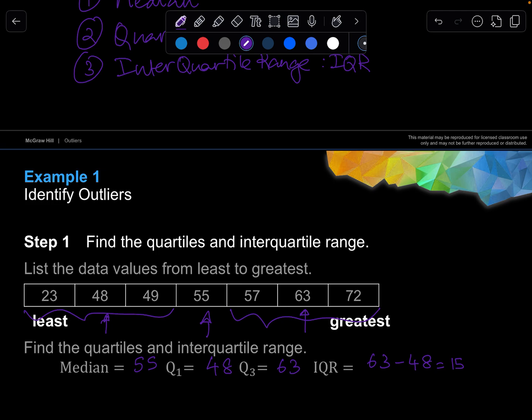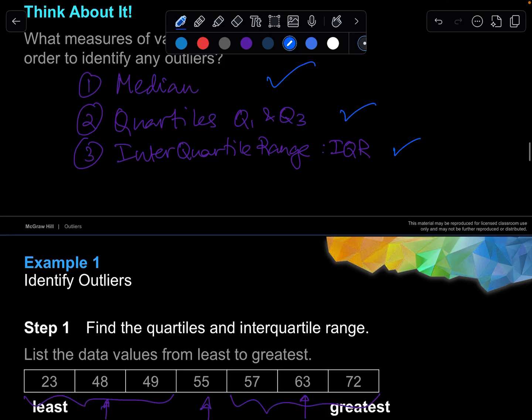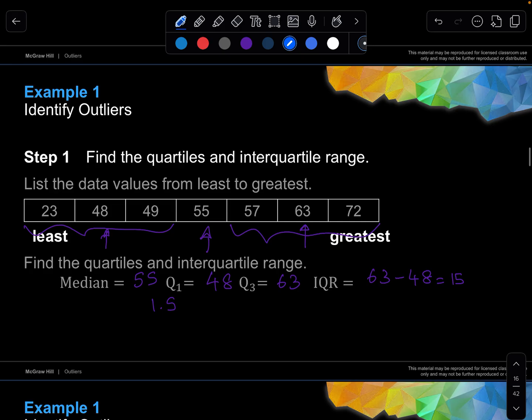Right? Now, I have figured out the median. I figured out the quartiles. I figured out the interquartile range. To find the outlier, I next need to find 1.5 times the IQR, which is equal to 1.5 times 15, which is 22.5.